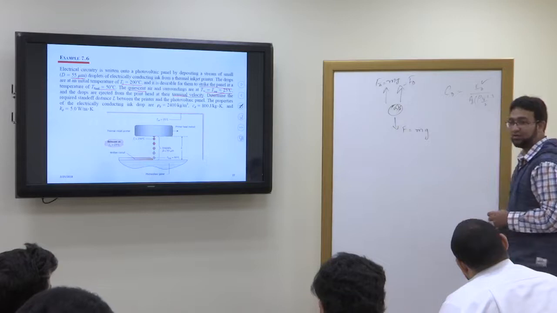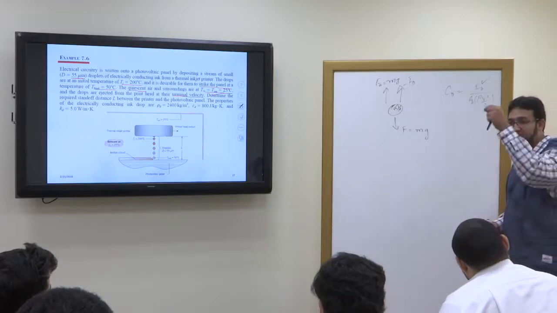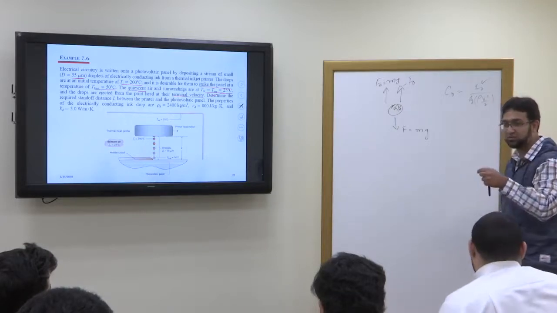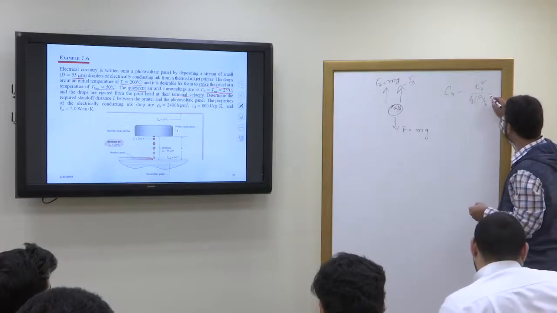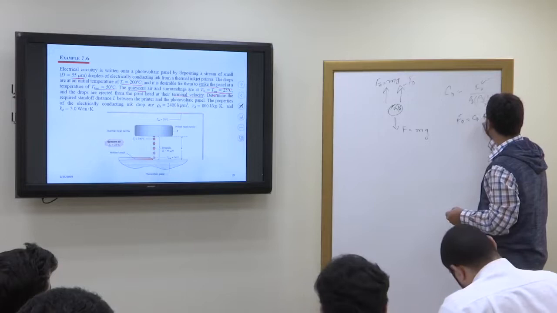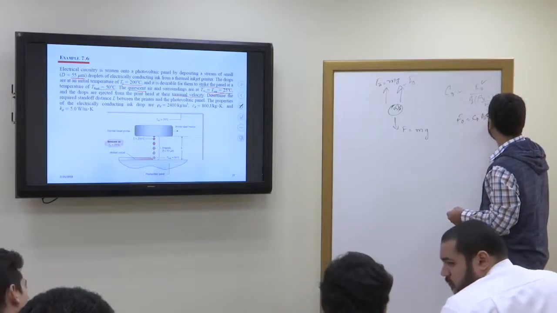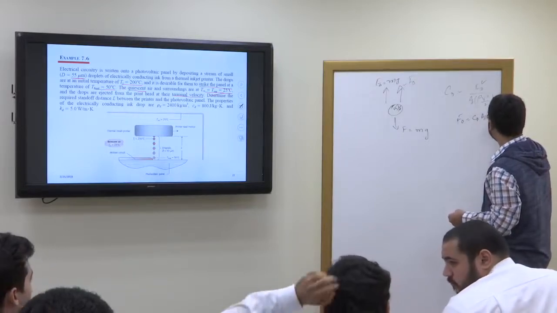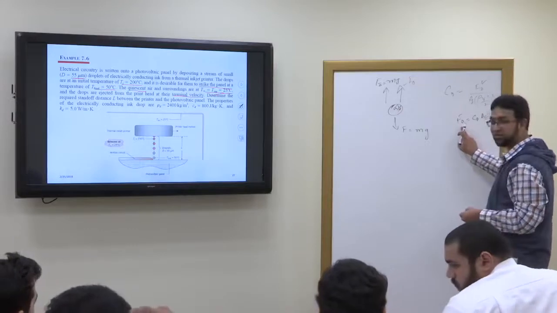Once the velocity keeps on increasing, Fd will be Cd into AF rho v square upon 2. If the velocity increases, Fd will increase.